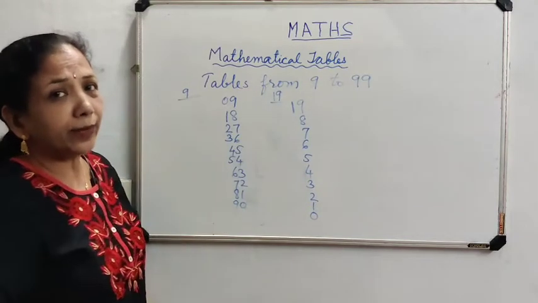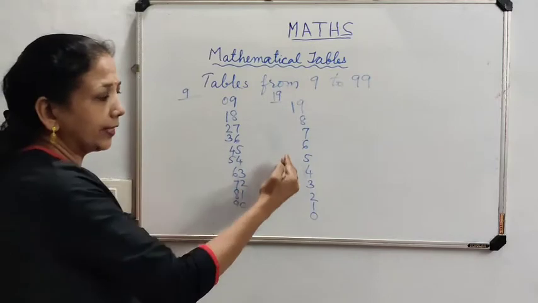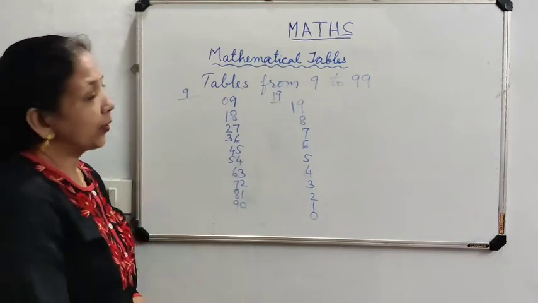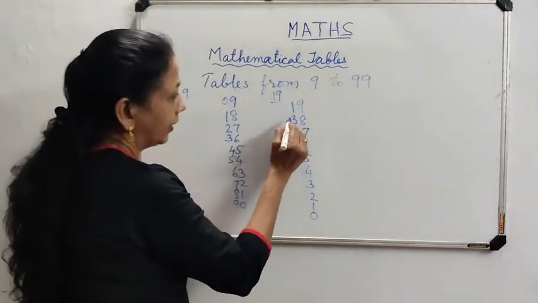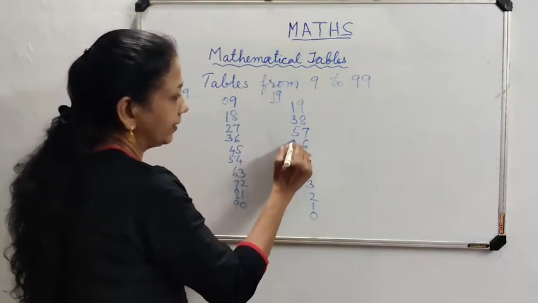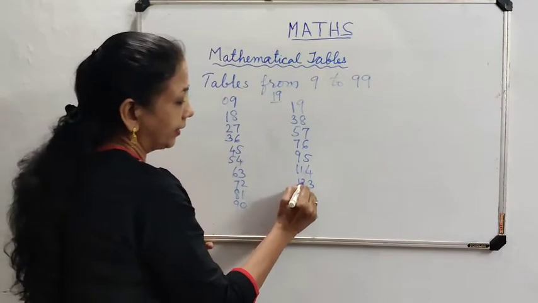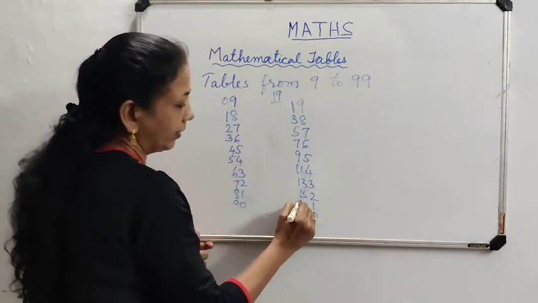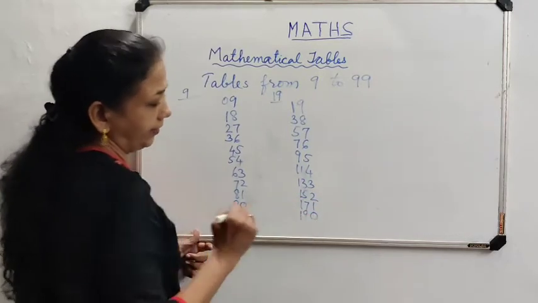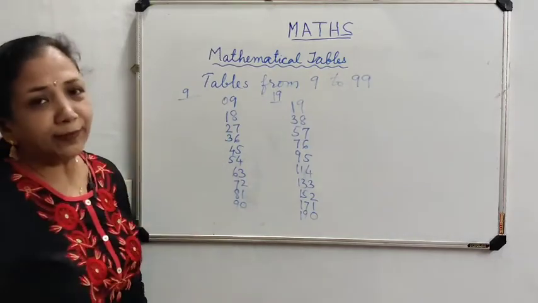What is the next number? 2. Now you add 2 to the tens place: 1 plus 2, 3. 3 plus 2, 5. Then 7, 9, 11, 13, 15, 17, 19. Now you got the 19 table.